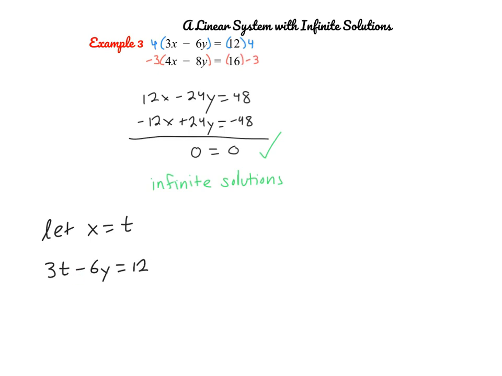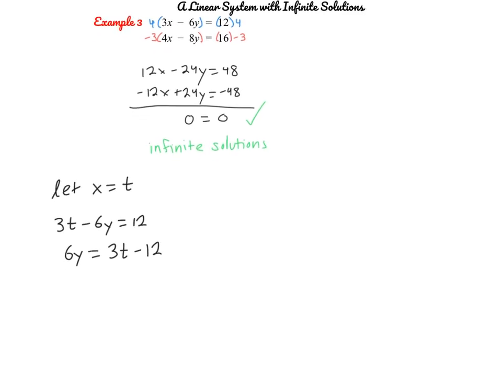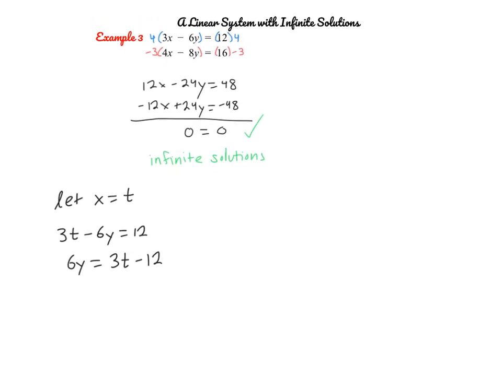So now we're going to solve for y in terms of t. I can add 6y to both sides and subtract 12. So we get 6y equals 3t minus 12. And again, I'm solving for y in terms of t. So we can divide both sides by 6, and we get y equals 1/2 t minus 2.